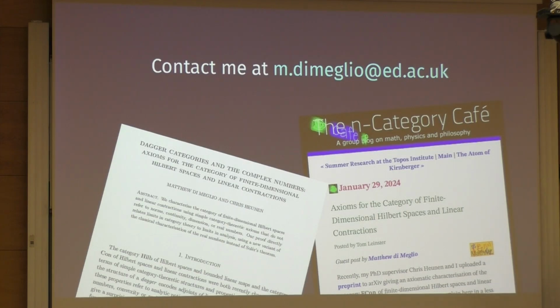Is there something similar in the Hilbert setting, where you could recover finite-dimensional Hilbert spaces from some kind of double dualization map? I haven't thought about the double dualization version, but I think a very similar characterization is to say that an object is dualizable. If you're in a monoidal category, you can talk about dualizable objects. That works in the category of Hilbert spaces and all bounded linear maps.